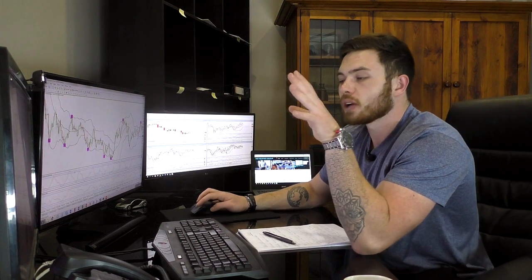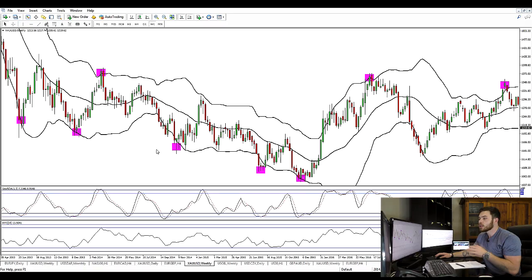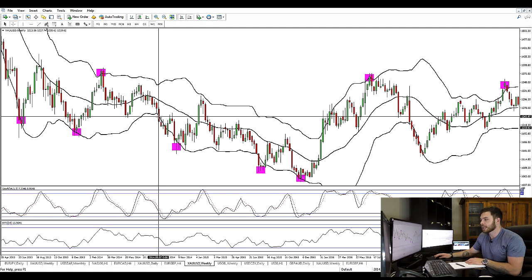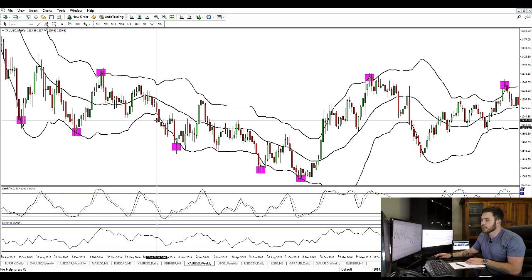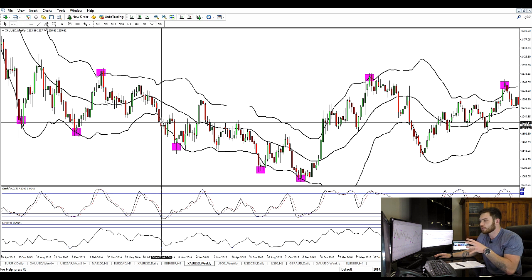Now on this chart, the interesting thing is that almost since 2013, we have not had a time when price action has tried to break below that level for a period longer than 4 weeks. If you look back on the chart here, on this level over here, we had 1, 2, 3, 4 candlesticks that tried to stay below this Bollinger Band level.